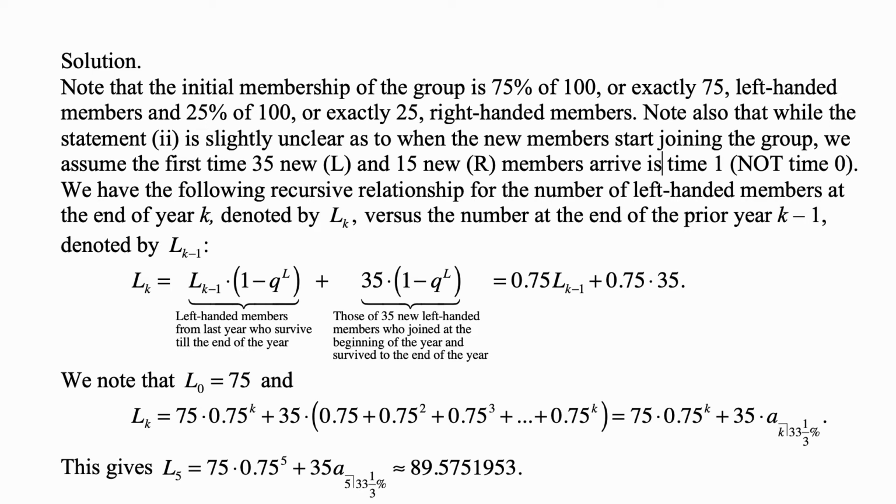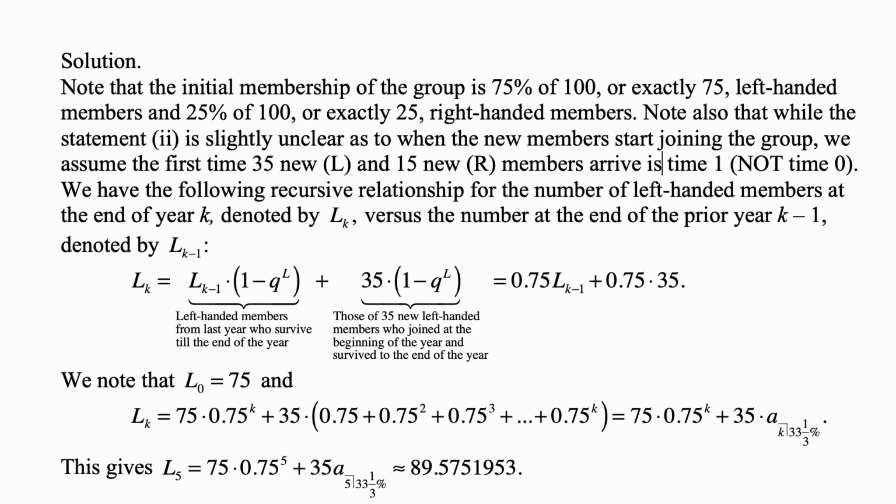We note that L0 is 75 and LK is 75 times 0.75 to the K plus 35 times 0.75 plus 0.75 squared plus 0.75 cubed, and so on up to 0.75 to the power K. So that's equal to 75 times 0.75 to the K plus 35 times A angle K, at interest rate of 33.33%.